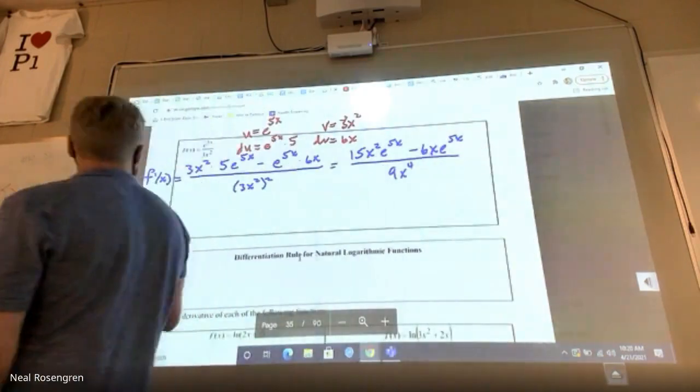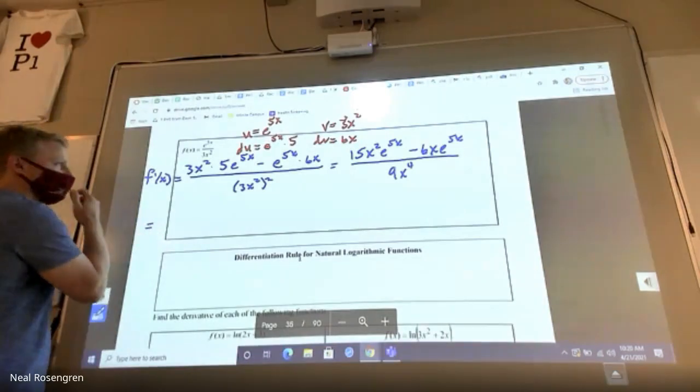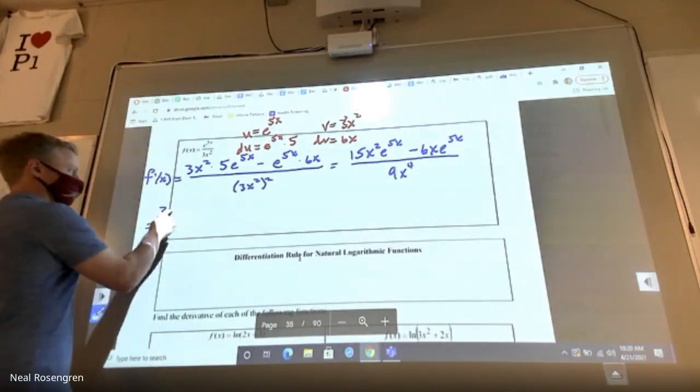Monomial denominator, let's expand that so we can use it for some fun.